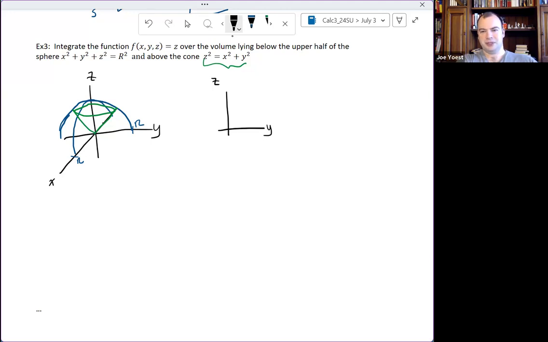In my YZ plane, I see that I have this 45-degree line and this little circular segment up top. So phi goes from 0 to pi over 4.